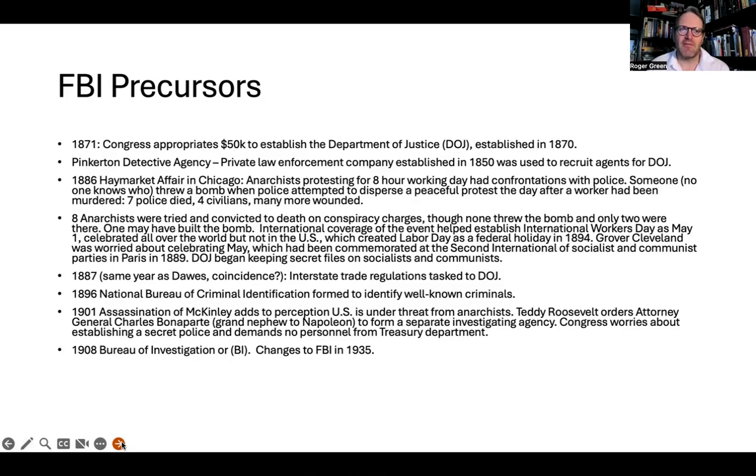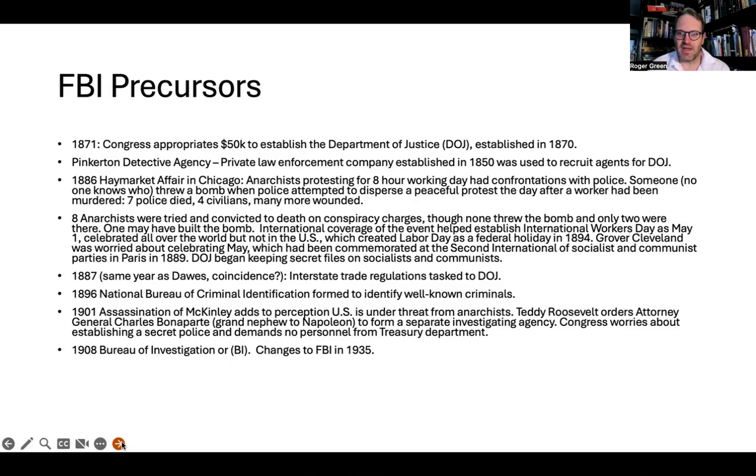During the bombing, 7 police died and 4 civilians, and many more were wounded. In response, 8 anarchists were tried and convicted on conspiracy charges, though none threw the bomb, and only 2 were present at the event. One may have helped to build the bomb. We don't know exactly there.